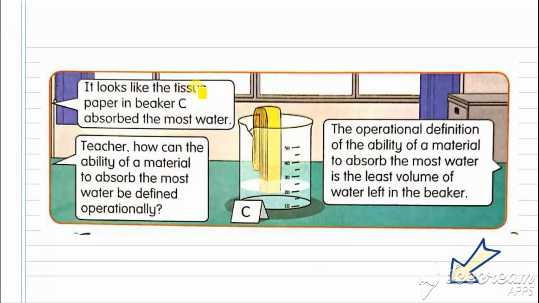Okay, so it looks like the tissue in beaker C absorbs the most water. Now they're asking, teacher, how can the ability of the material to absorb the most water be defined operationally? Before this, they just talked about ability to absorb water, but now they are talking about the most water.